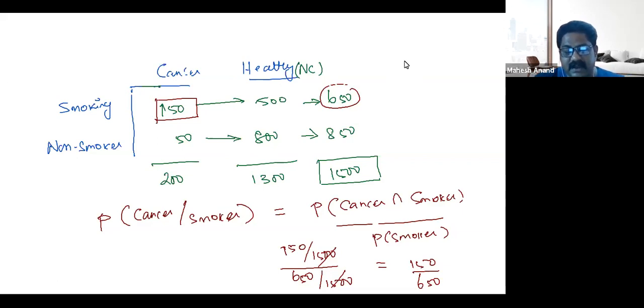So having said that, if a new person enters the clinic for a medical check, based on the historical data, what can we conclude? A person with a smoking habit, how likely is he to have cancer?